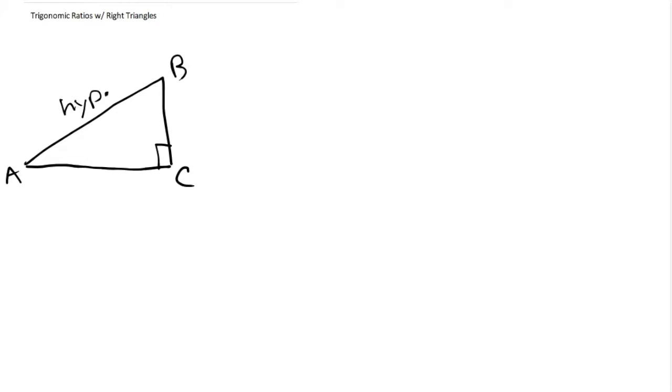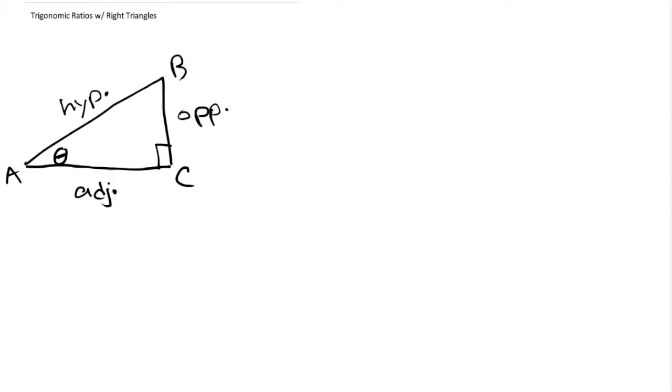The side opposite the reference angle is, of course, the opposite side, right? And this is known as the adjacent. Now, something that many of you didn't know is that the reference angle inside the right angle triangle is known as theta, and theta is drawn by a little diagram that kind of looks like that.